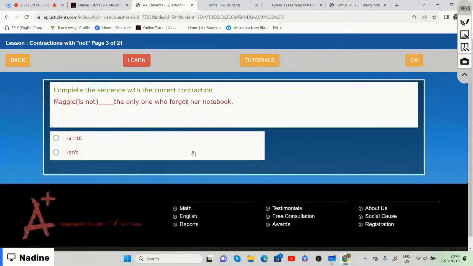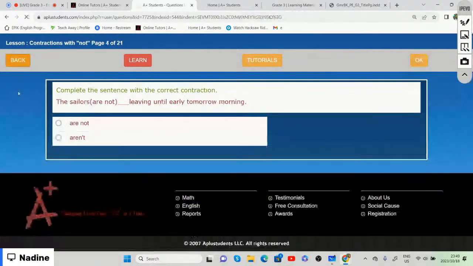Maggie is not the only one who forgot her notebook. Is it is not or isn't the only one who forgot her notebook? Option 1 or option 2? So if we choose the correct contraction, then we can say isn't, right?